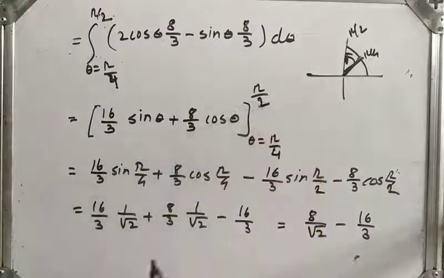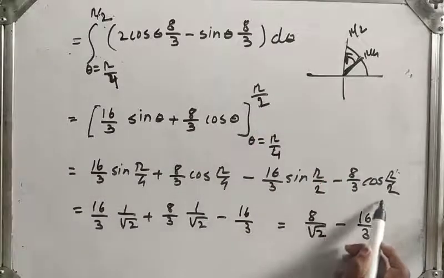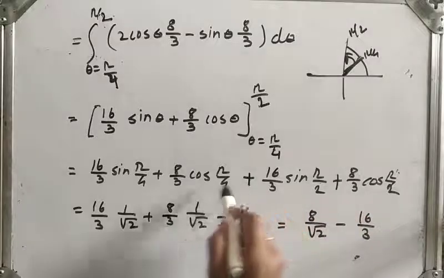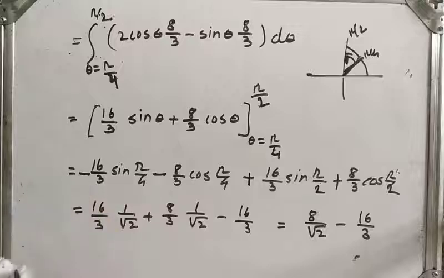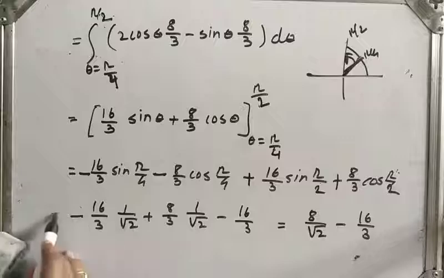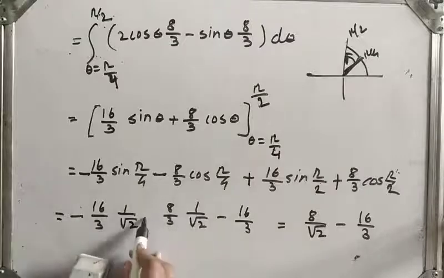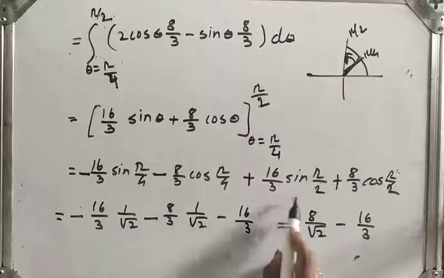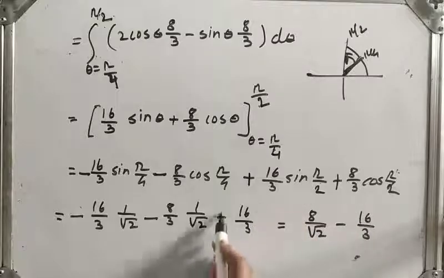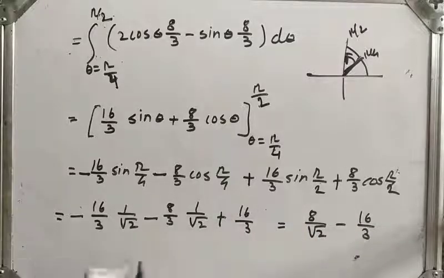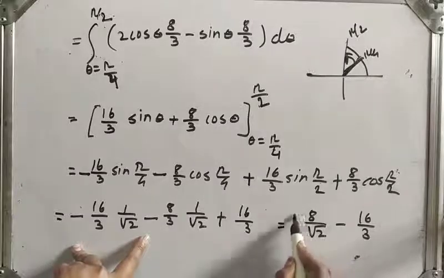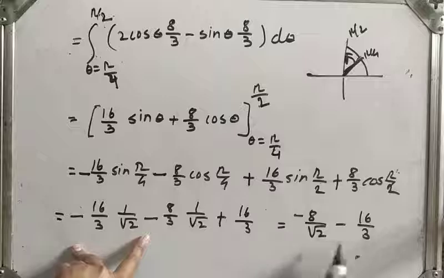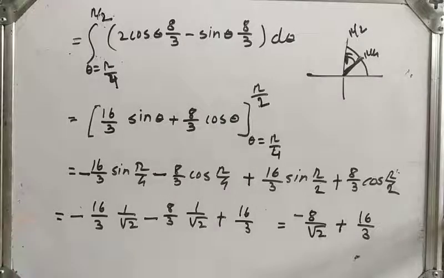The pi by 2 part will be plus, and the lower limit will be minus. Accordingly the result will be minus 24 upon 3, that is minus 8 upon root 2, and here plus 16 upon 3.